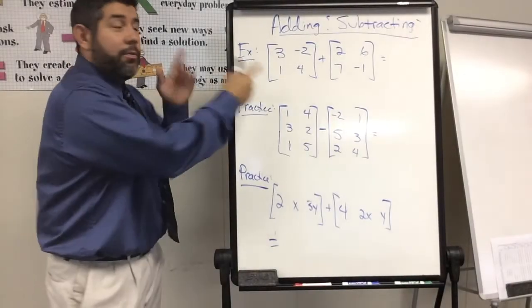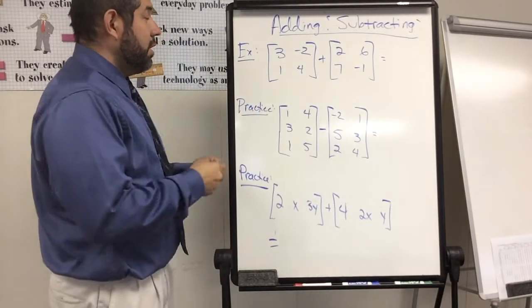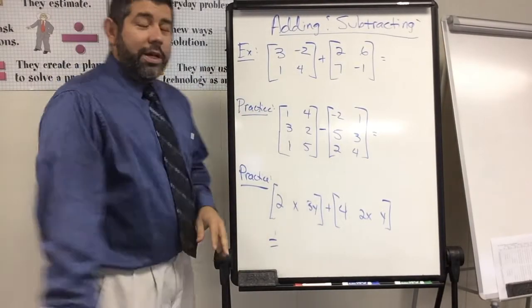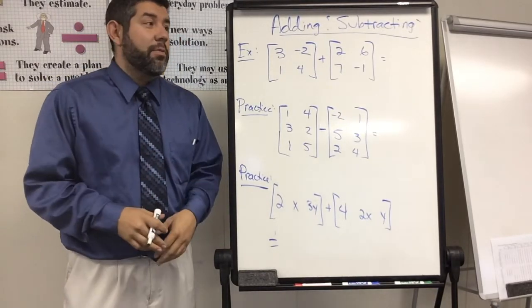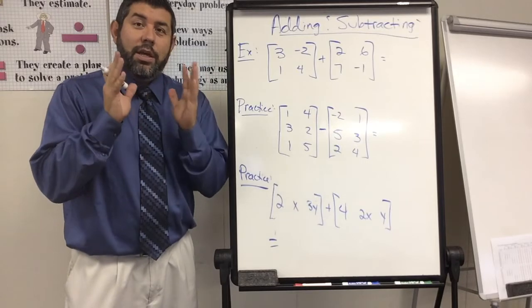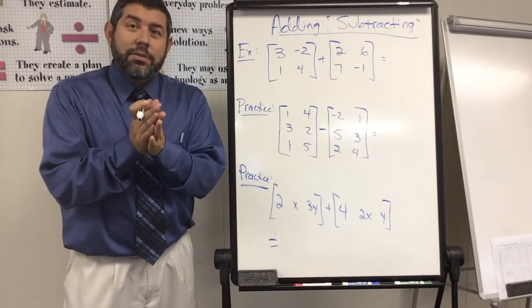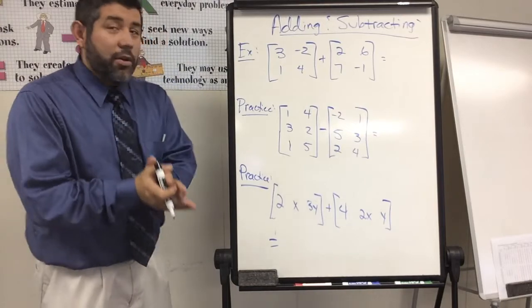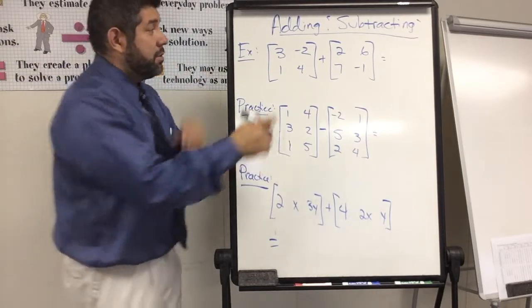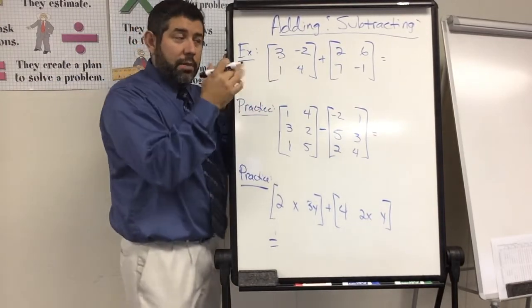All right, adding and subtracting. Let's take a look. Adding and subtracting matrices is really, really easy. You just have to remember that you are dealing with two matrices that have the exact same rows and columns. Then all you're going to do is add the matching cells.